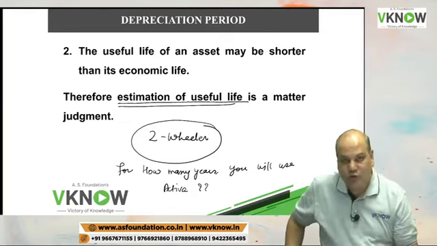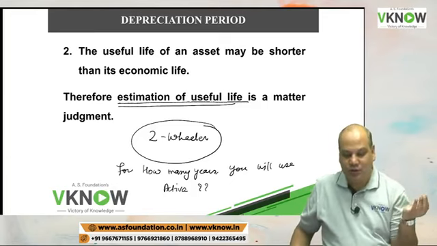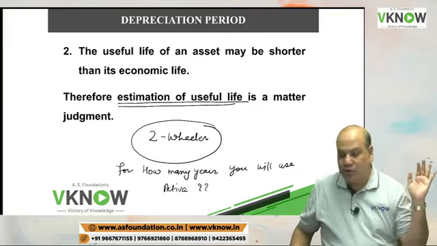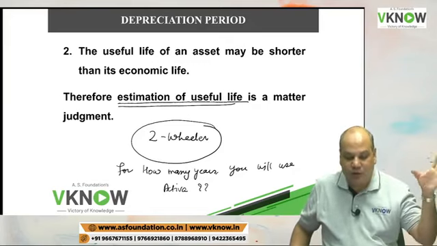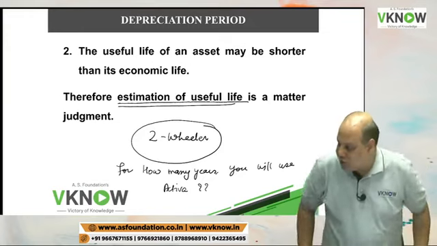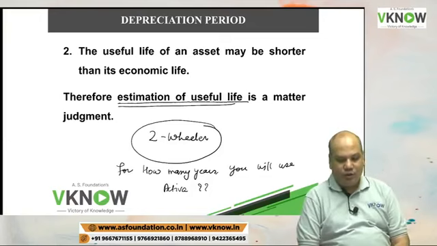For how many years are you going to use it? Let us reply and you will see the answer on the screen, that useful life is a matter of judgment. One person may say 3, one may say 5, one may say 7, one may say 20 also, 15 also. So start answering. Who will use an Activa and for how many years?